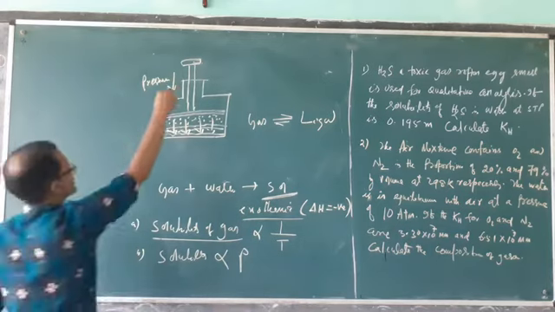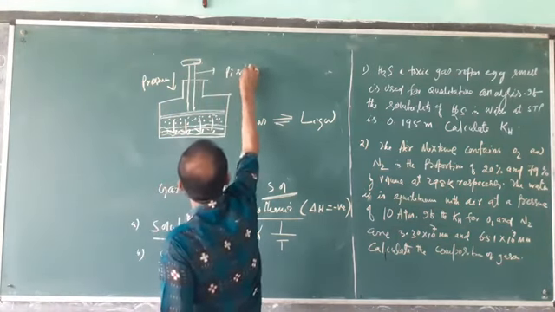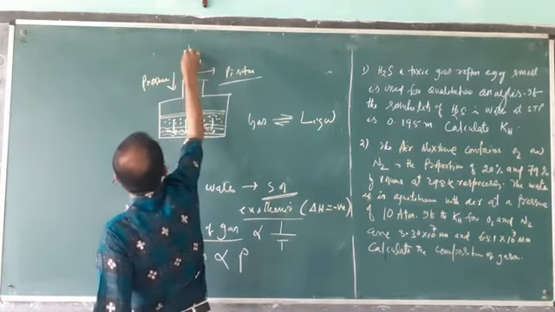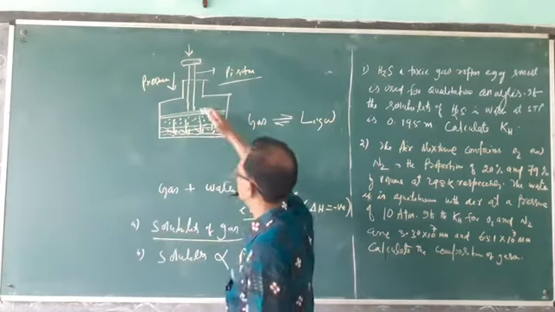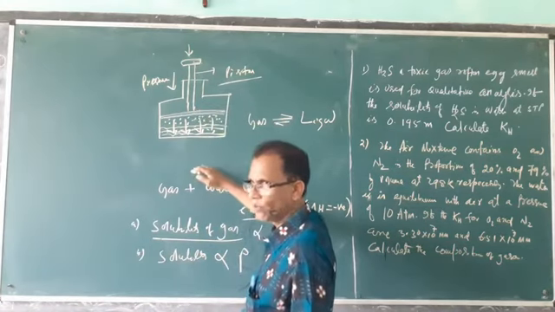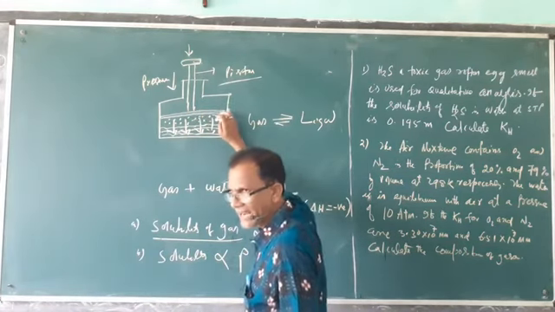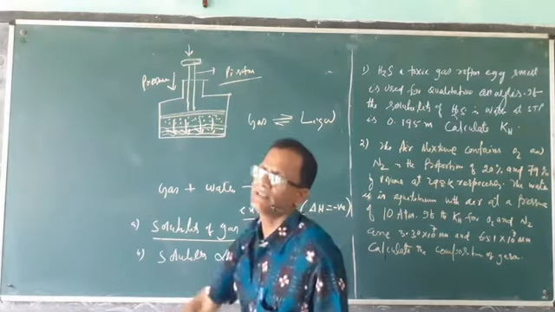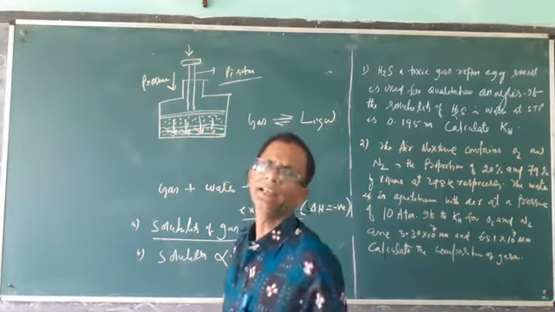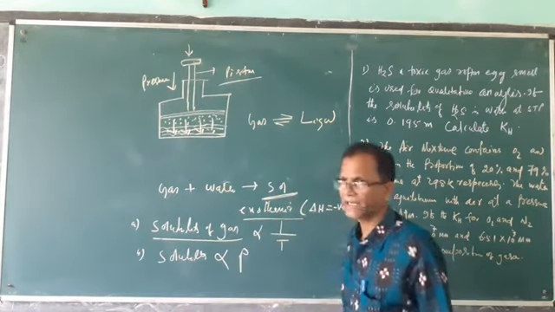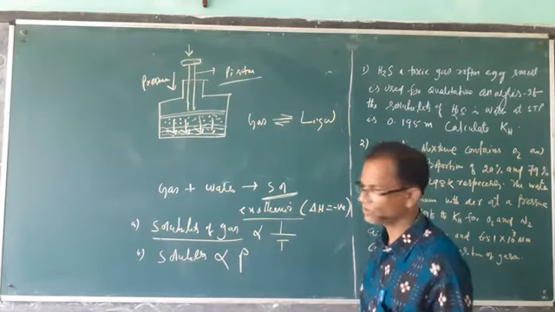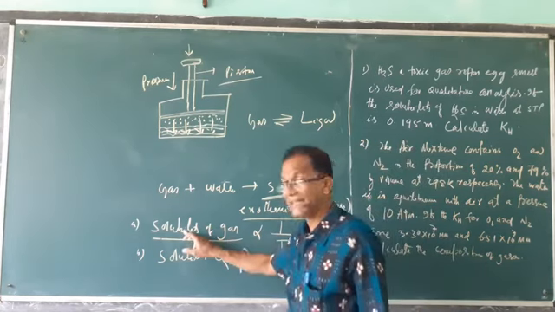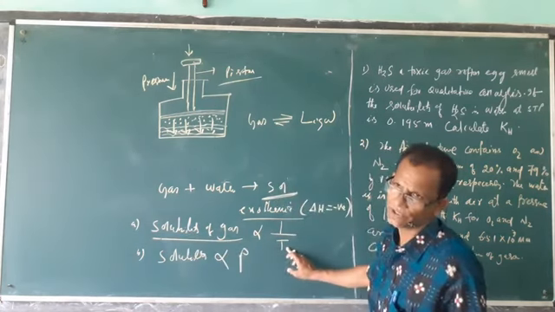If you give more pressure on the piston, the piston will move downward and give pressure on the vapor, then automatically the vapor will mix in the liquid. So solubility will be increased. So this is the second factor: solubility increases with increasing pressure, and solubility increases by decreasing temperature.